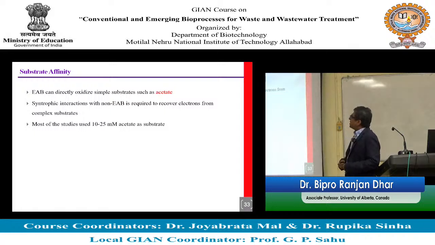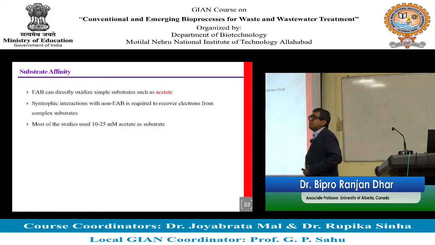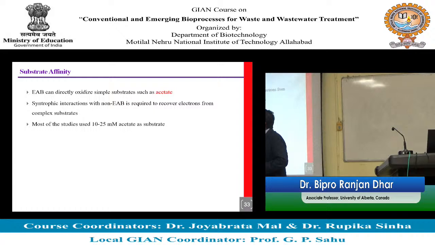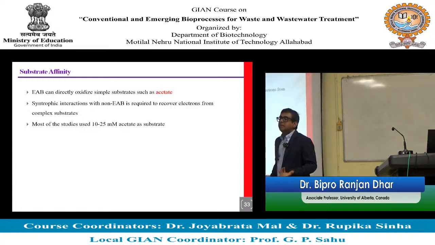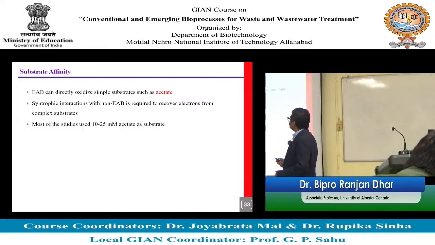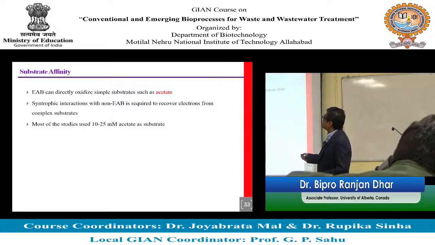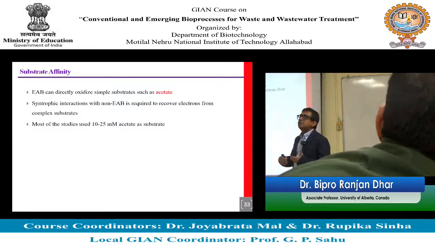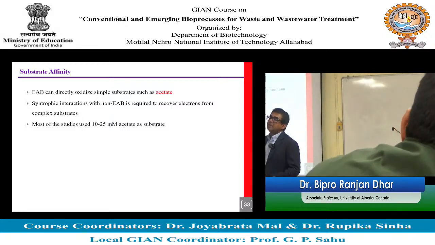So, substrate affinity. Those electroactive bacteria, okay, can directly oxidize some organic contaminants like acetate. But if you have a fermentable substrate, let's say a complex substrate like glucose or protein or some other compound, they need some sort of partnership with other microorganisms like fermentative bacteria.